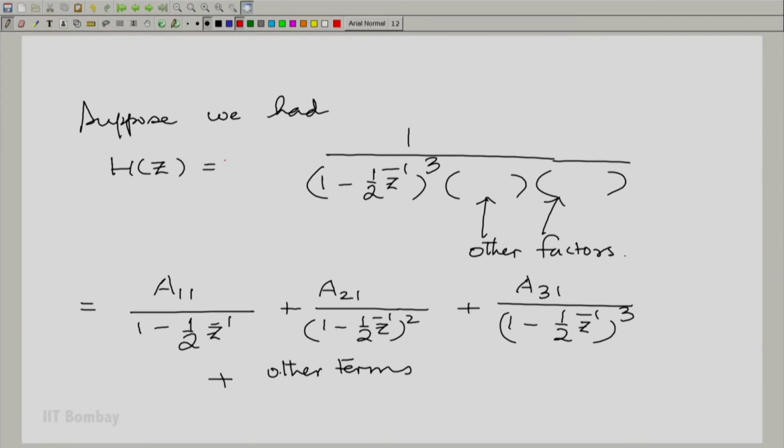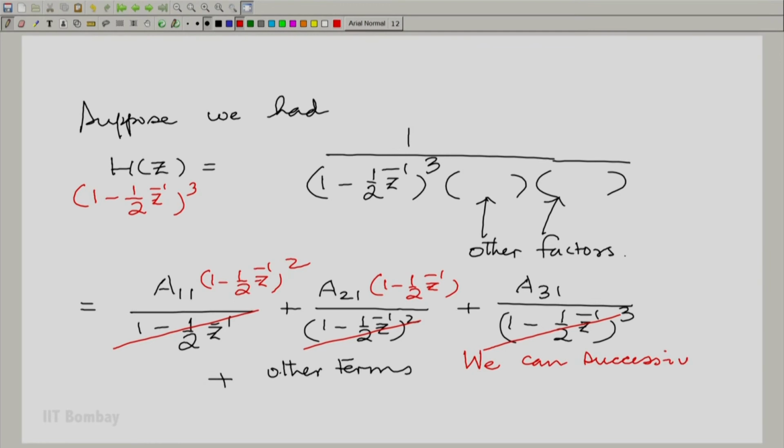So, if I multiply both sides by 1 minus half Z inverse cubed, then of course this leaves just A31 here, this leaves you with A21 into 1 minus half Z inverse, and this leaves you with A11 into 1 minus half Z inverse, the whole squared. And now we can successively differentiate.